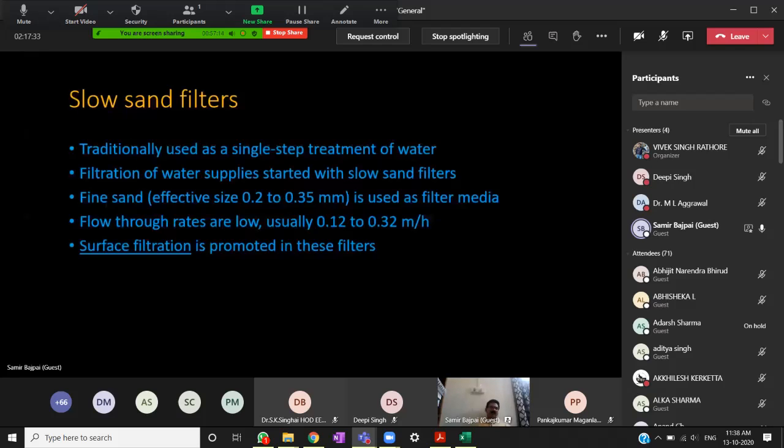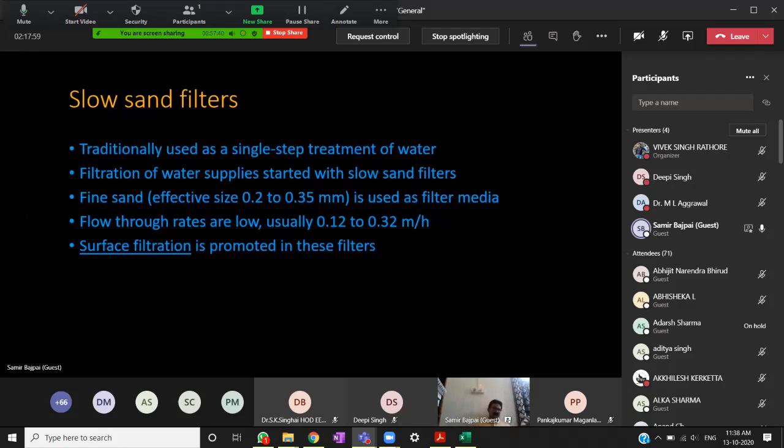Depending on how much water volume per hour you are treating, filters can be slow rate or rapid rate filters. So you have slow sand filters and rapid sand filters. Slow sand filters are good for very small size water treatment plants, maybe 1 MLD or so, and rapid sand filters are good for large capacity water treatment plants.